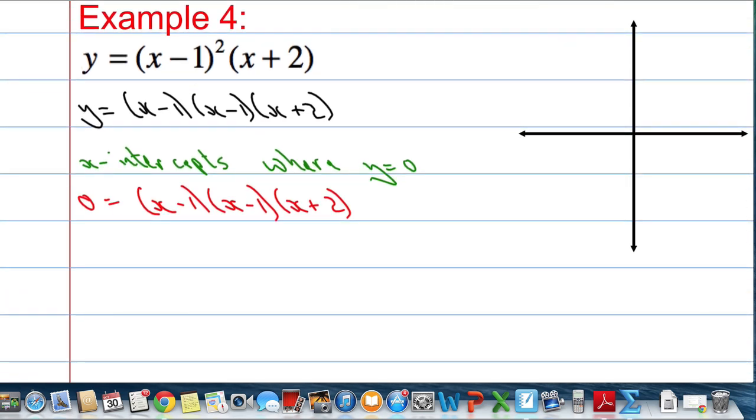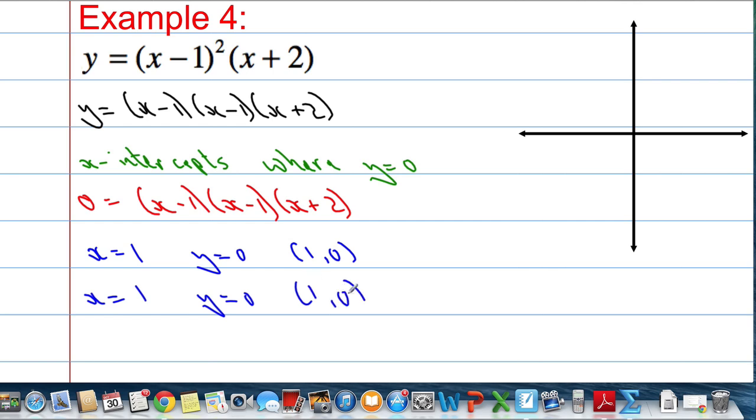Okay. So what values of x give me an answer of 0? Well, when x equals 1, all of this would become 0 because we'd have 1 subtract 1, which is 0, and then 0 times the rest is 0. So when x equals 1, y equals 0, we get (1, 0).